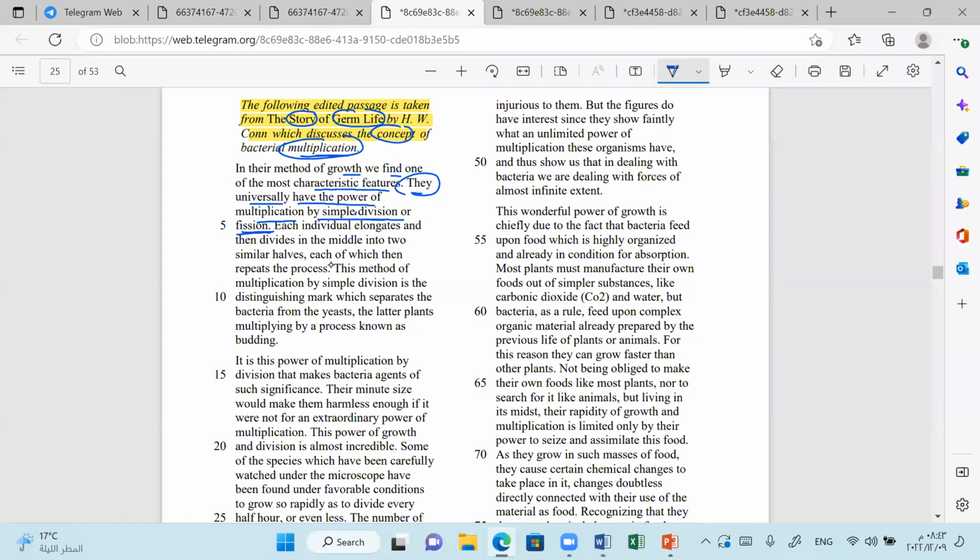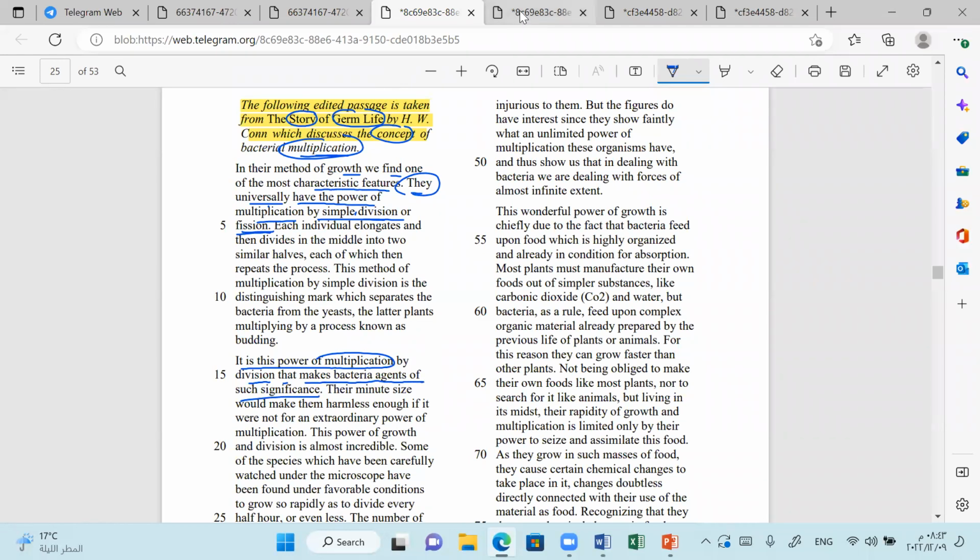Each individual elongates and divides in the middle into two similar halves, each of which then repeats the process. This method of multiplication by simple division is the distinguishing mark which separates the bacteria from the yeast. The latter multiply by a process known as budding. It is this power of multiplication by division that makes bacteria agents of such significance.